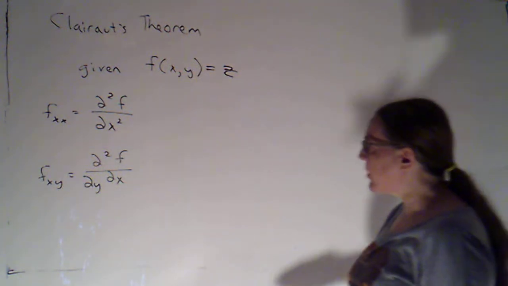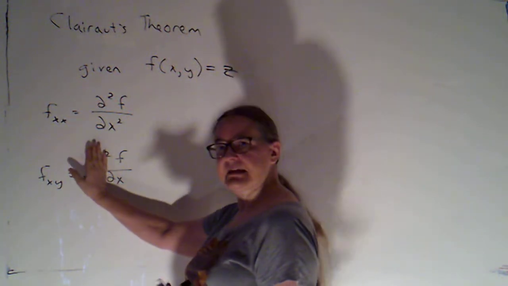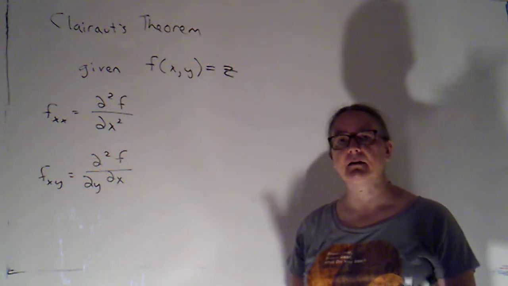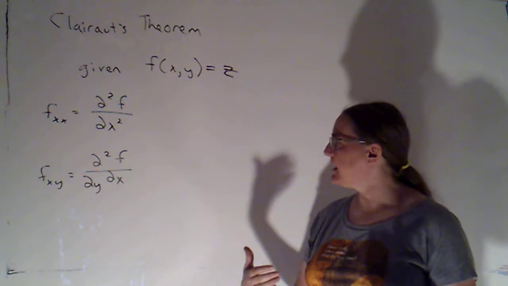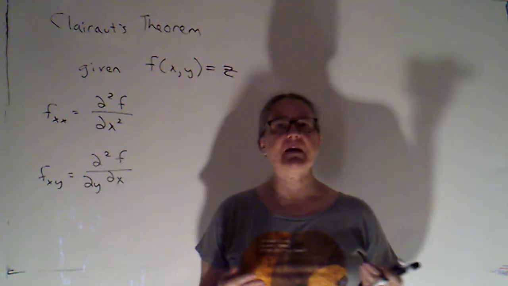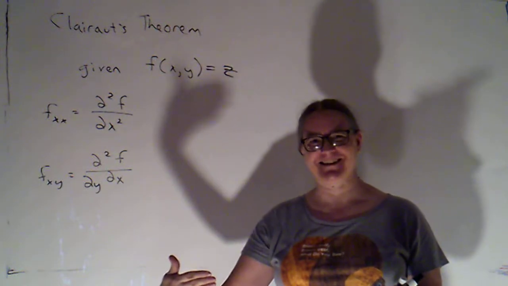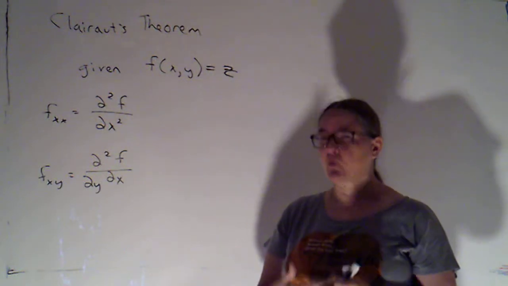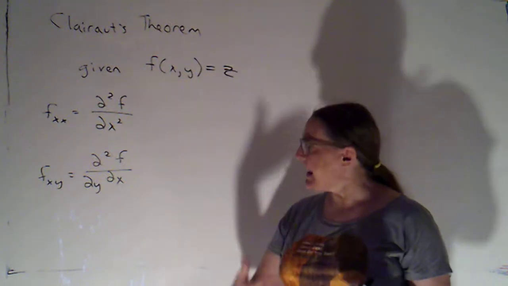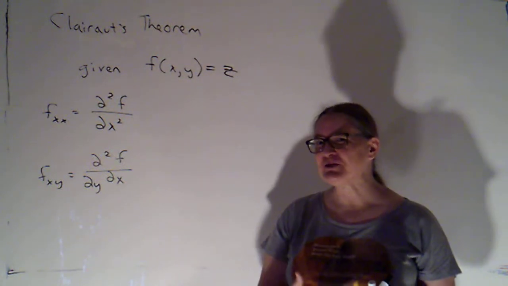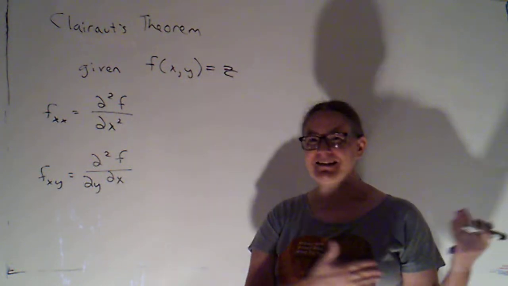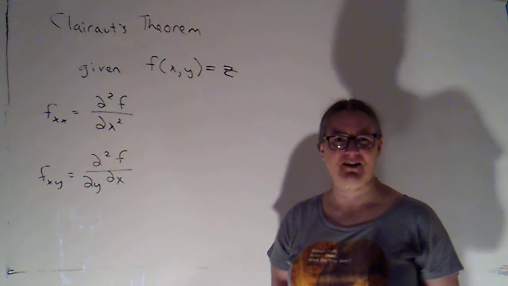Because when I take the partial with respect to x, I'm holding y constant. So I would be looking in a plane parallel to the xz plane. But then when I take the partial of that with respect to y, I'm holding x constant. So I'm looking at the graph of the partial of f with respect to x in a plane that would be parallel to the yz plane. So I'm looking in a different plane at a different cross section.